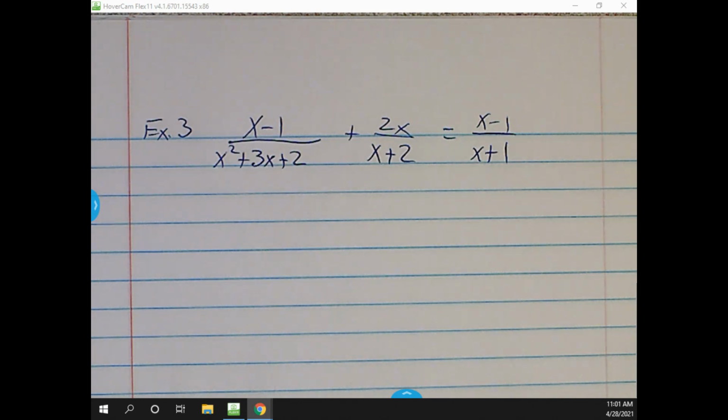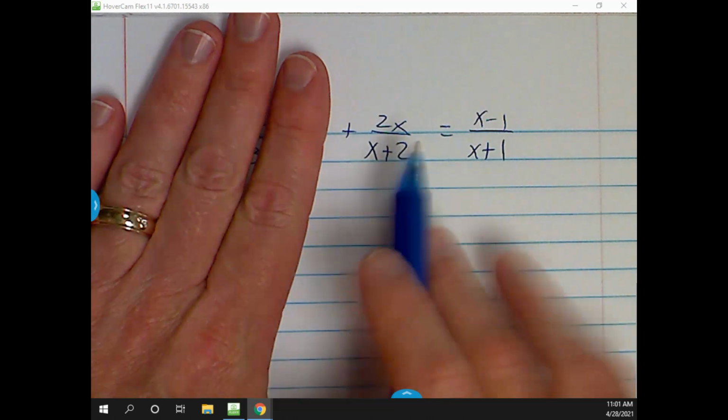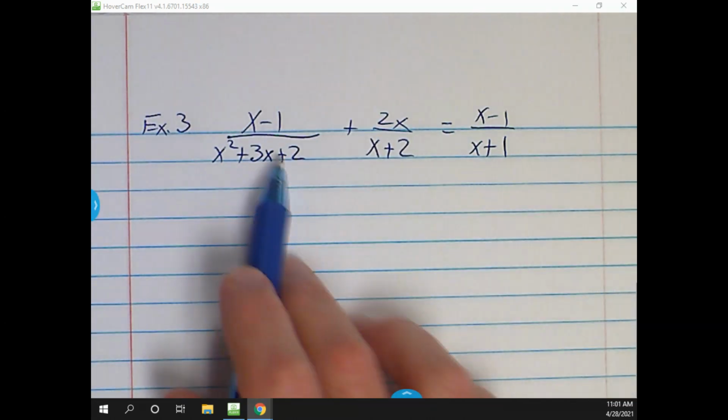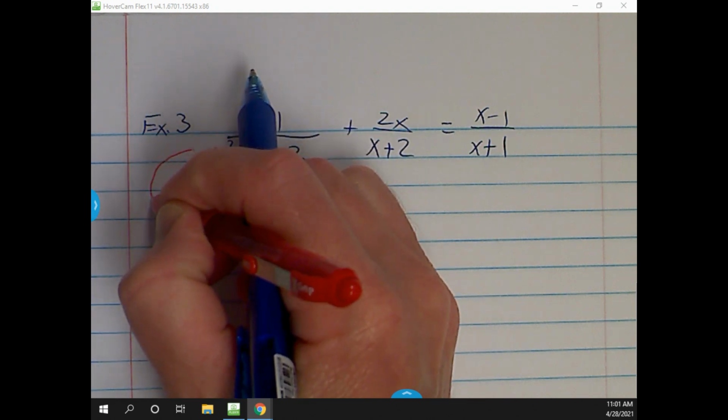Okay, so first, now again, if it was here, we wouldn't have to do any factoring. If it was just this part, we'd have our common denominators. We could figure it out and go from there. But because of the x squared plus 3x plus 2, we've got to take this part and factor it and rewrite it.